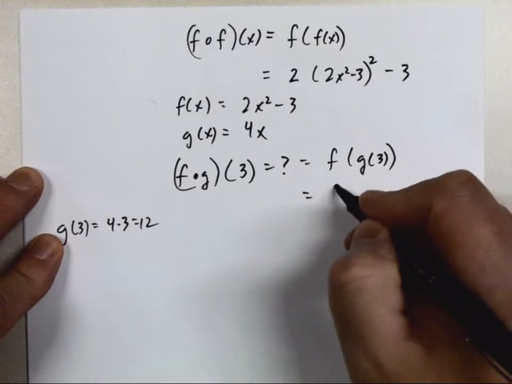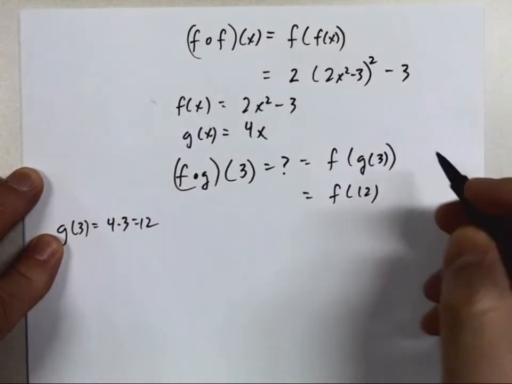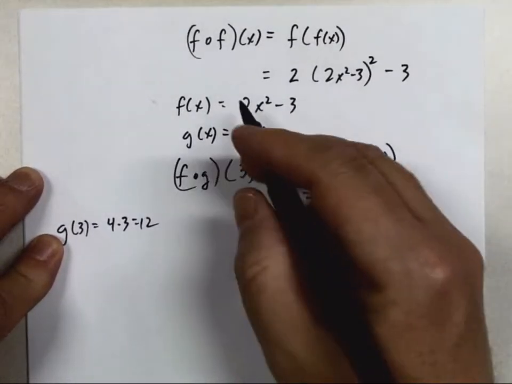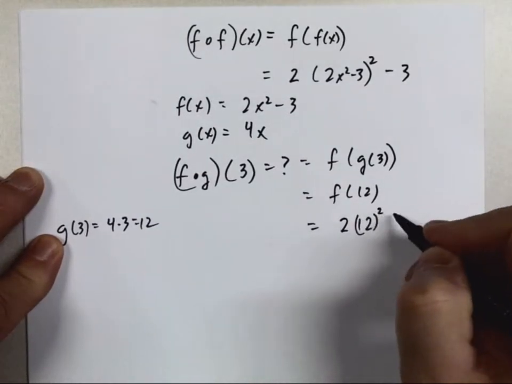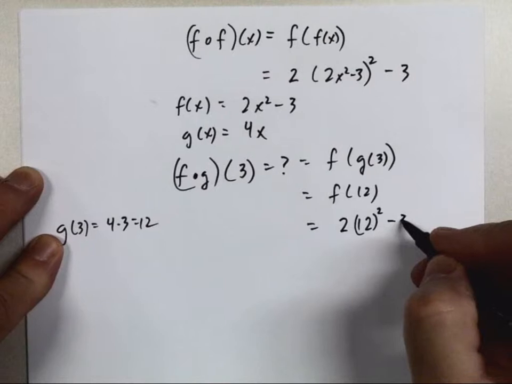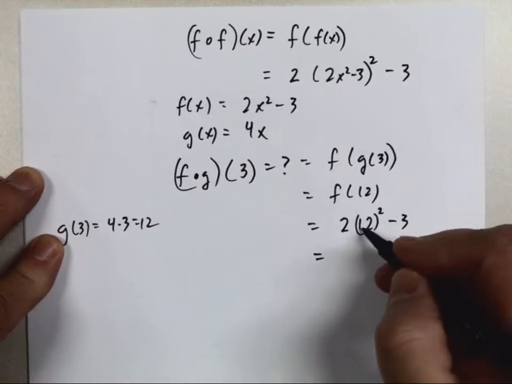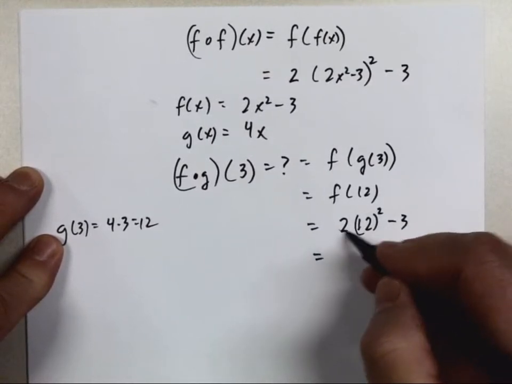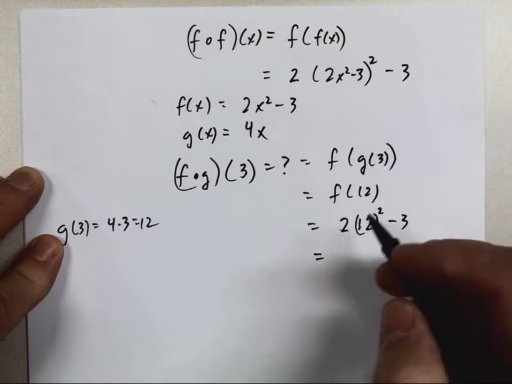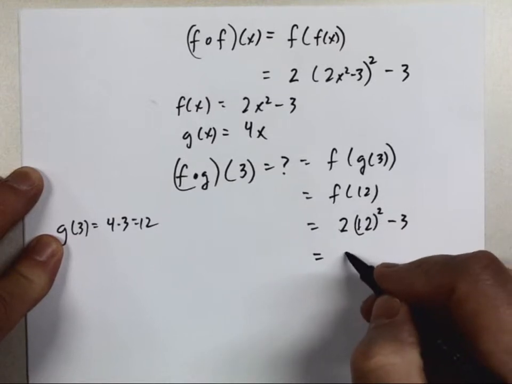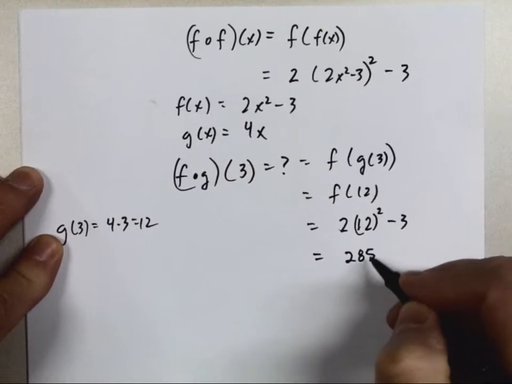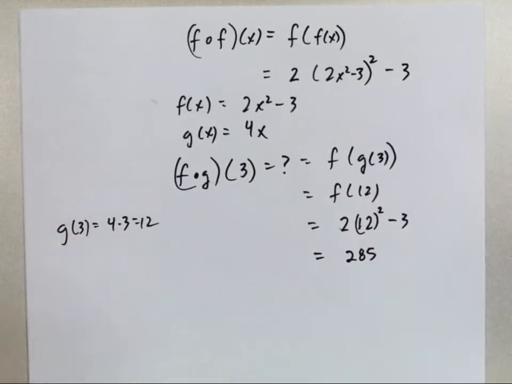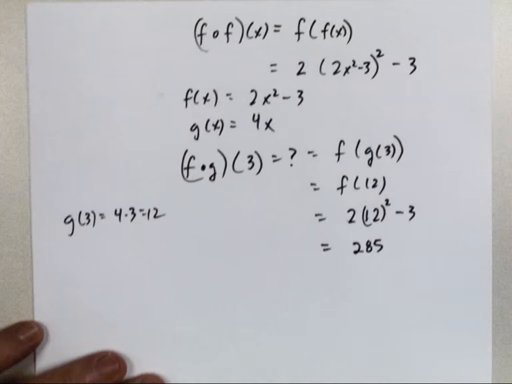So this really becomes F of 12, and now I get my F function, and I plug in 12 for x. I made this up. I think this is like 288 minus, if I did the math correct, something like that. But you see the idea.